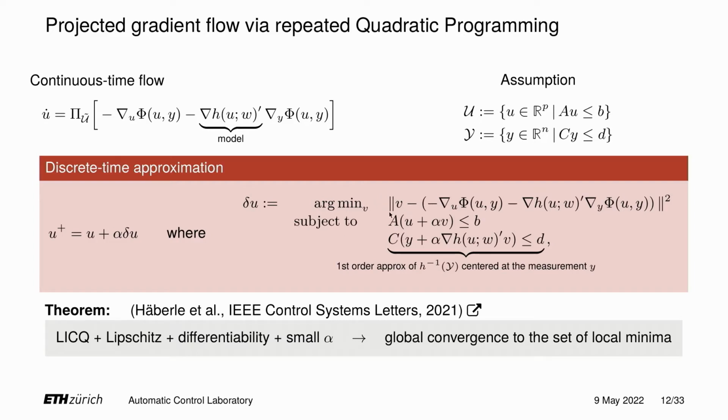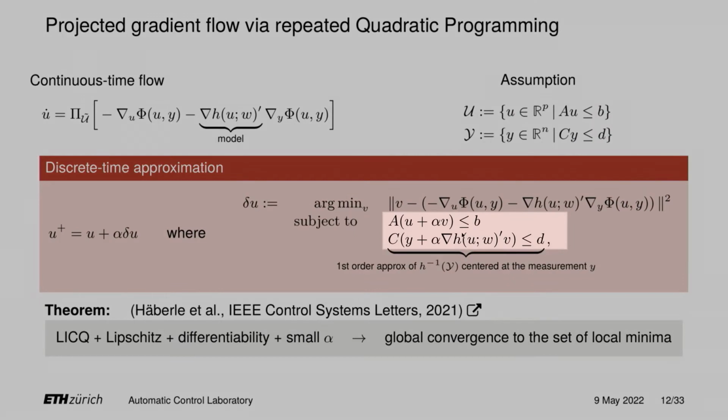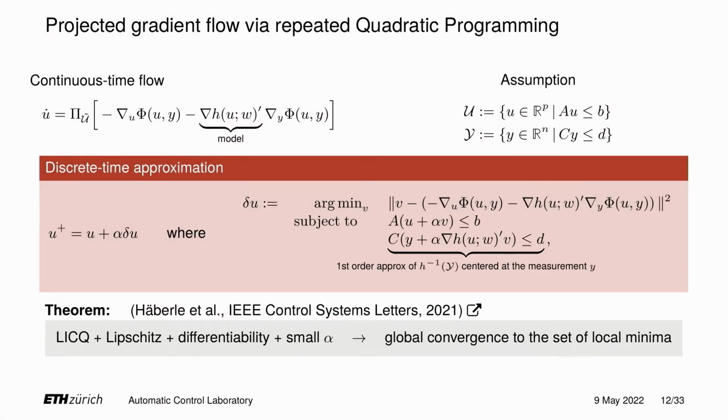This is the closest step to the gradient descent that we would like to employ, subject to the next point being feasible according to the input constraints and according to a first-order approximation of the pre-image of the output constraints. This first-order approximation can be obtained by just using sensitivities again, without further information. And one can prove that with enough regularity and small enough alpha, where alpha is the step length, one gets global convergence to the set of local minima of the problem for the non-convex problem.